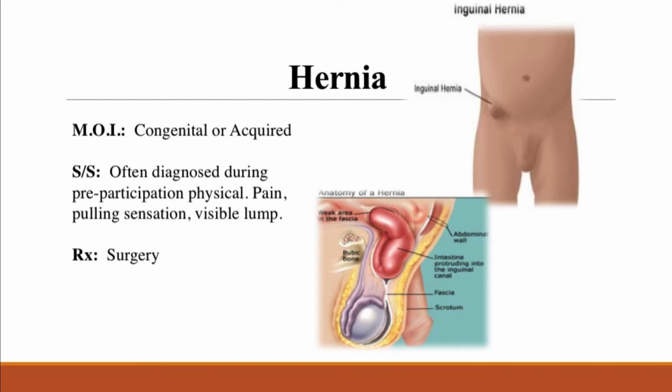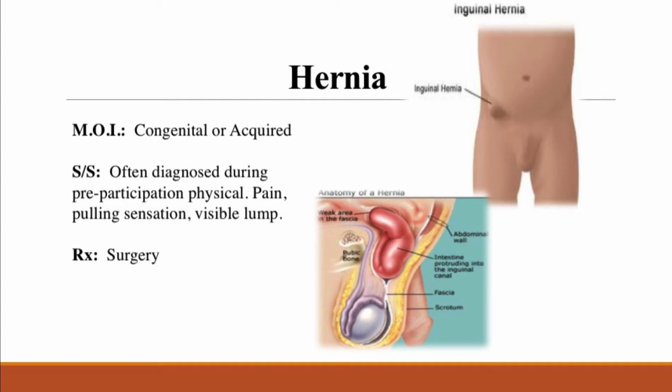Hernia refers to the protrusion of abdominal organs through a tear in the abdominal wall. Hernias can be congenital or acquired. Inguinal hernias are more common in men, whereas femoral hernias are more prevalent among women. Hernias can be irritated by movement, falls, and blows.